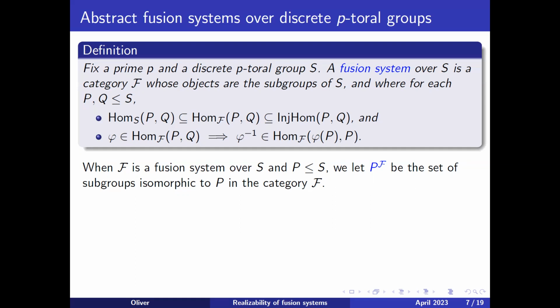And then the second condition is that if you've got a morphism, then its inverse is also in the category after you restrict it properly to get an isomorphism of groups. So in particular, it says that if you've got an isomorphism of groups in the category, then its inverse is also going to be in the category.